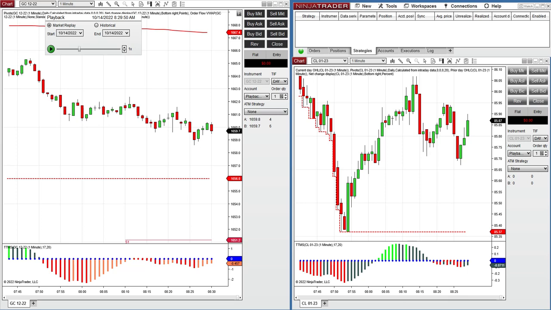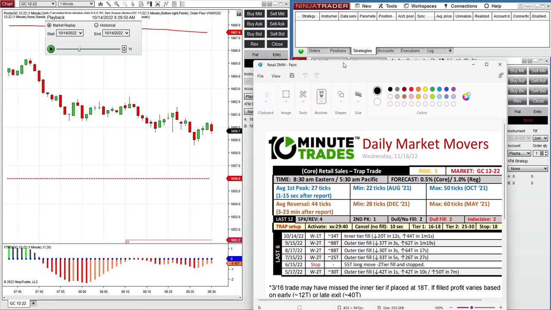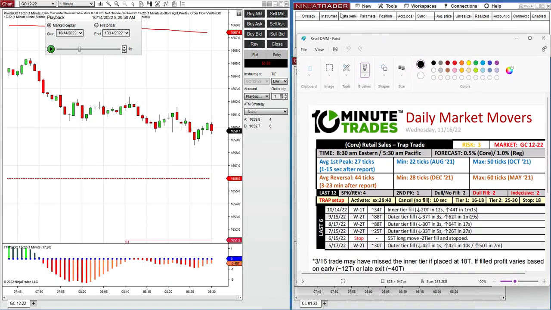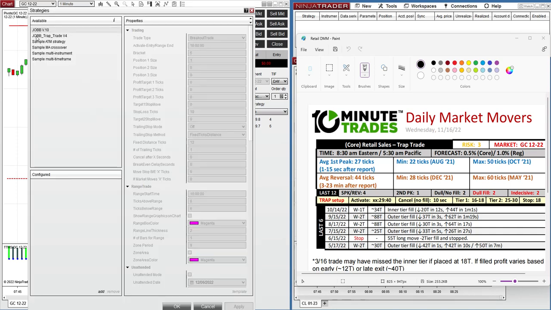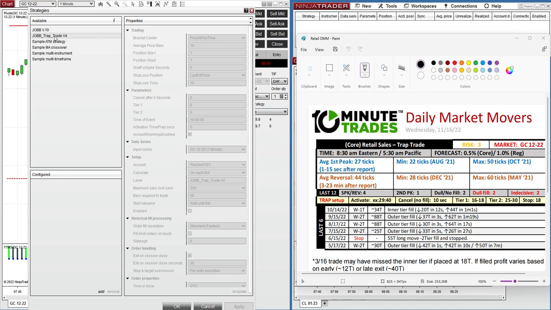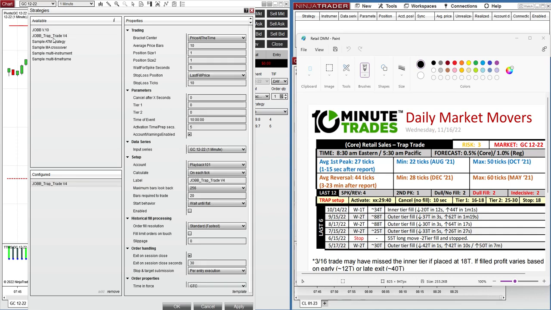So now you just make believe you just got up, you're getting ready to trade retail news, you got your DMM all ready to go. Right click the chart, click on strategy, double click trap trade. It shows up down here.